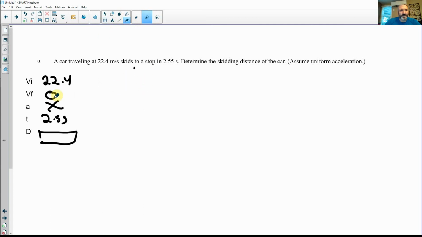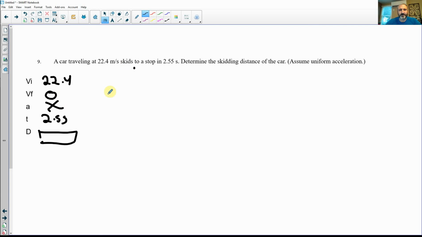VF squared equals VI squared plus, nope. Maybe we need to figure out the acceleration. You know what? Actually, all the equations need the, yeah, everything needs the acceleration.